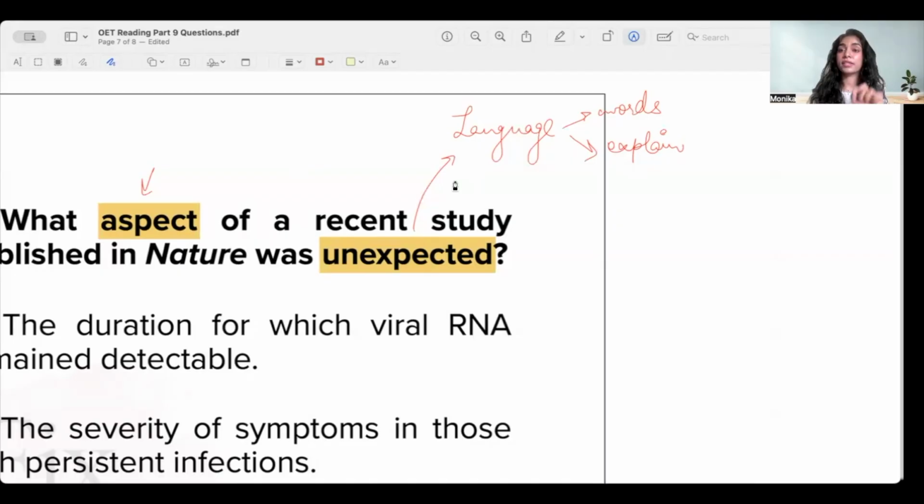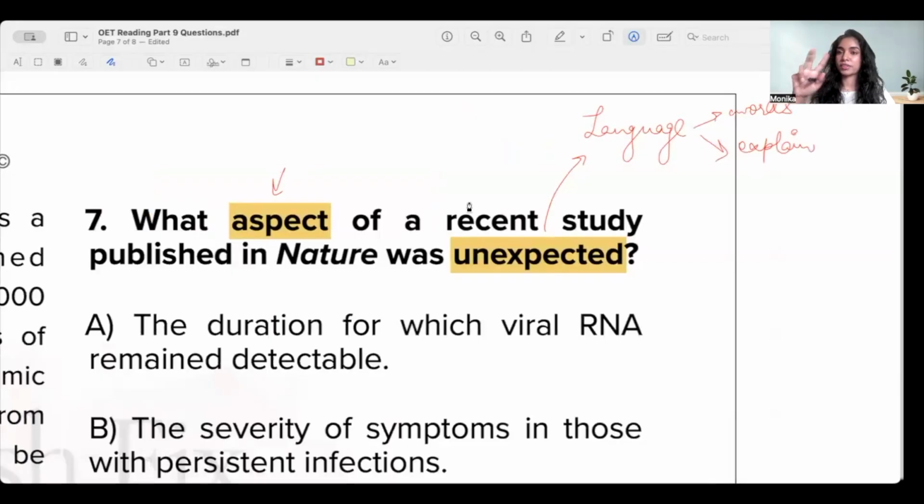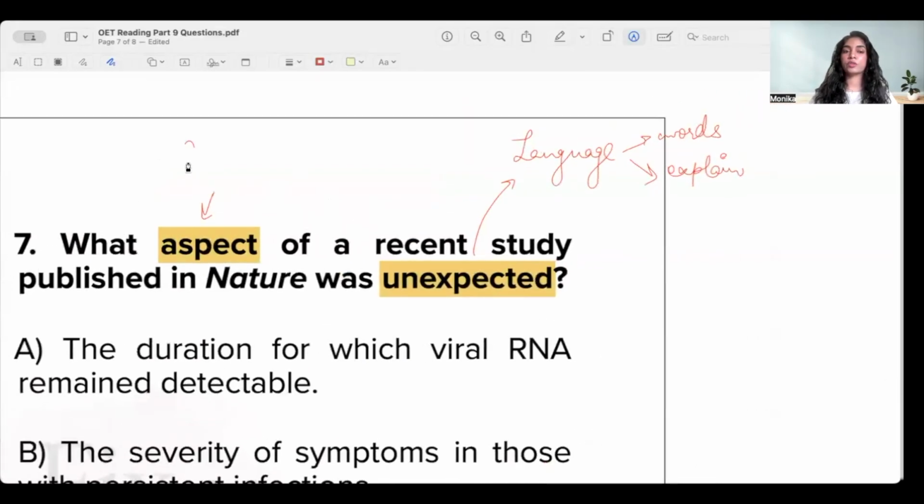If you want to find the answer to this question type, what you need to do? Two things. Number one, you need to scan for specific information. What is that information? Where is that recent study being discussed? It is possible that the entire paragraph discusses the recent study, or maybe only a certain section does. If only a certain section discusses the recent study, then only that section is important to answer this question.